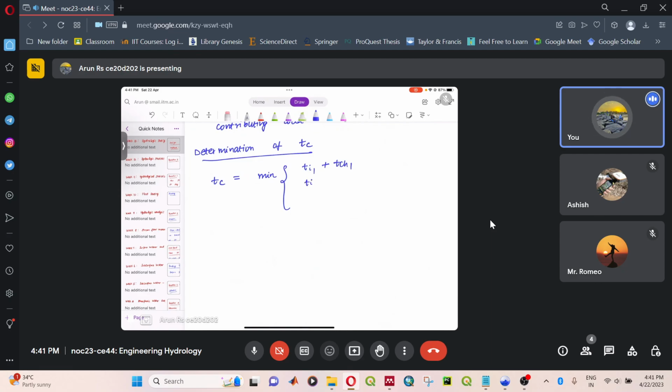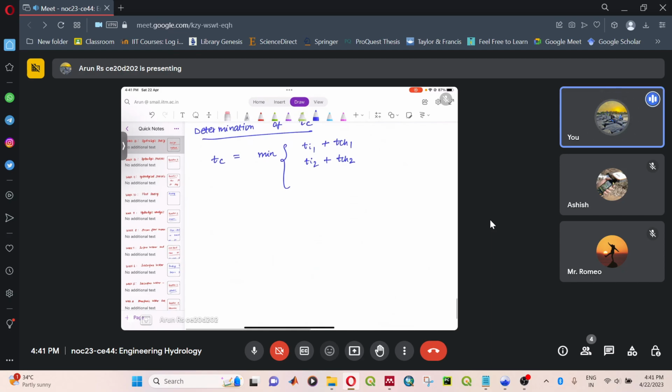Similarly for catchment 2 also we have Ti2 plus channel flow time, and catchment 3 it is directly going to the drain inlet at the point B. So that is Ti3. You need to choose the minimum of these three, and then you can find out your rainfall intensity, then you can find out your Qp, then you can size your drain BD, and once you do that you can find out the velocity also if you want. So V3 will be again Q by summation of area in this case.